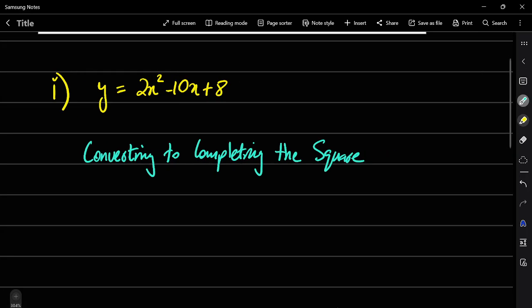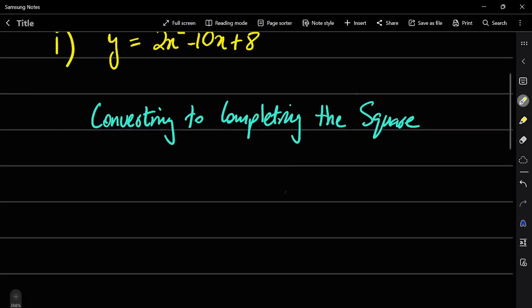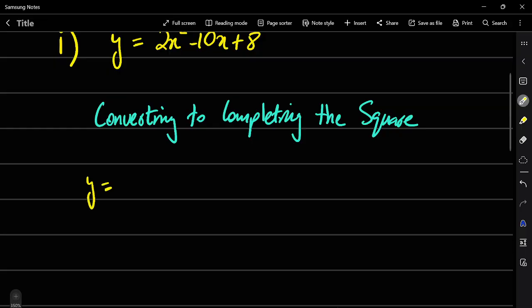So let's convert this into completing the square. What we're going to do is take the coefficient of the x square term common for both the x square and the x term.